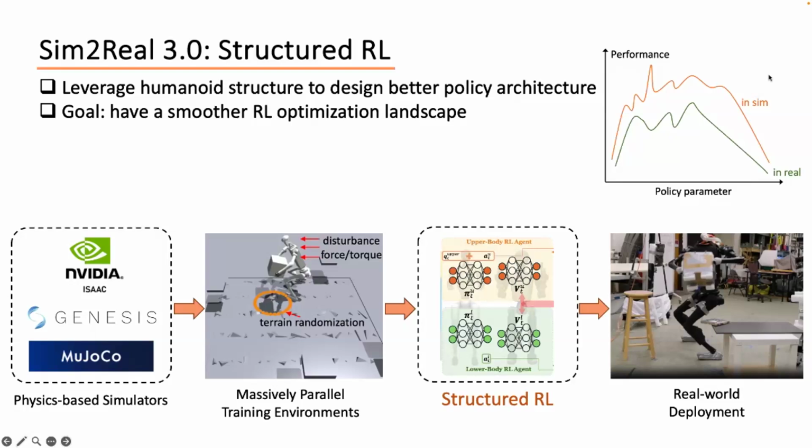The orange curve landscape is so nasty. The idea is, can we leverage humanoid structure, or any robot structure, to design a better policy architecture, such that we have a better RL optimization landscape, a smoother curve? I call this structured reinforcement learning.